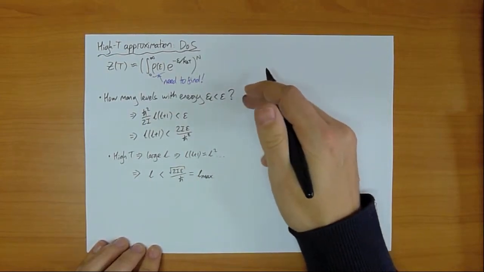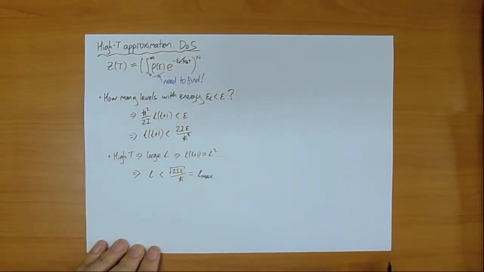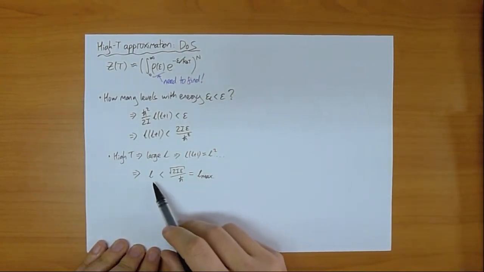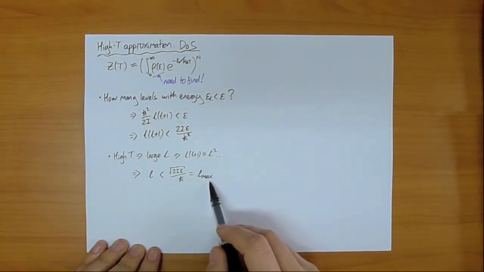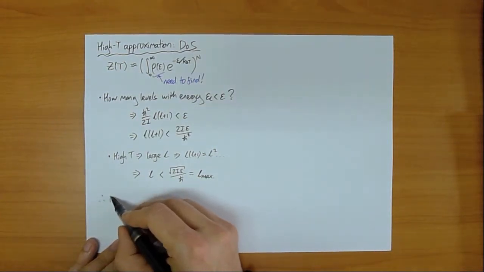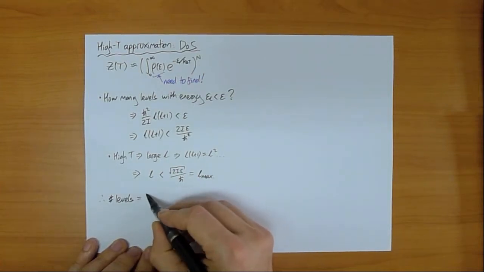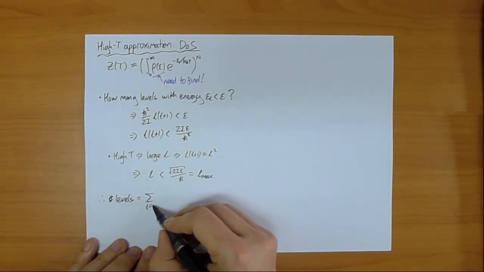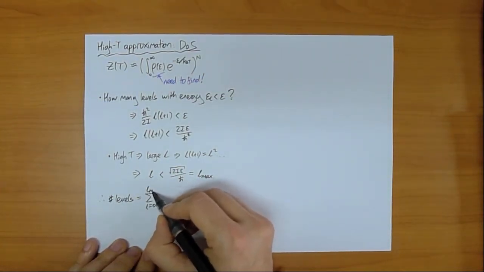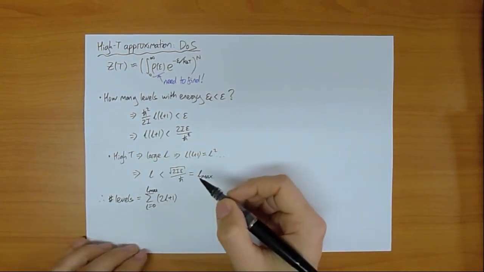So now our question, how many levels have energy epsilon_L less than epsilon, is the same as how many levels have L less than L max. So the number of levels is the sum where L goes from 0 up until L max, and we know the degeneracy is 2L plus 1.